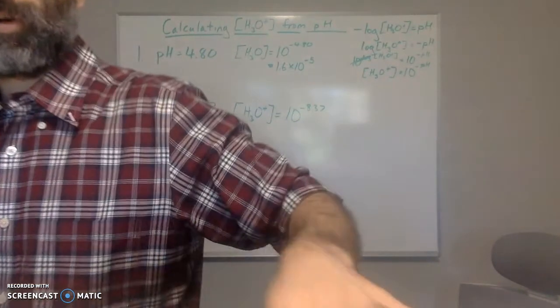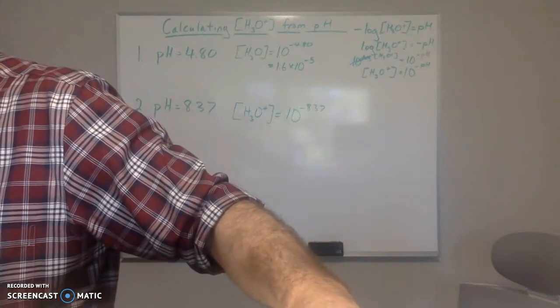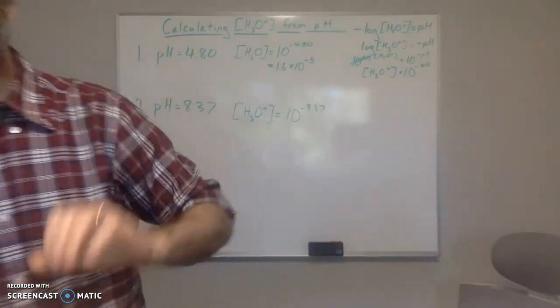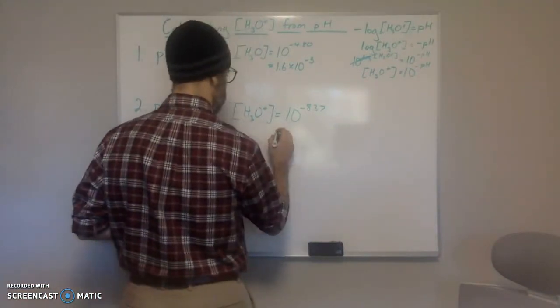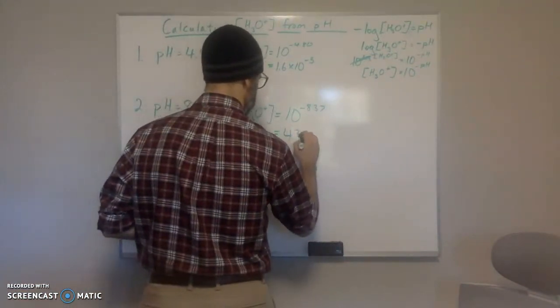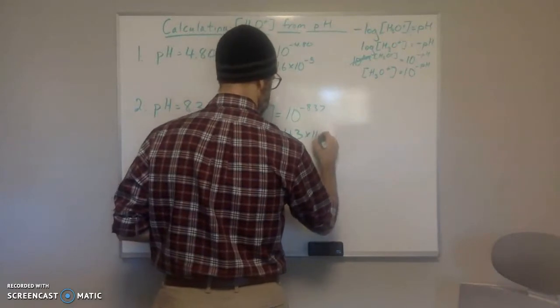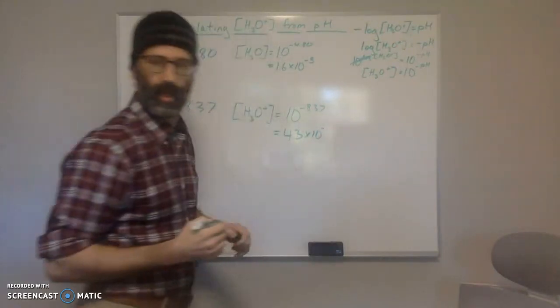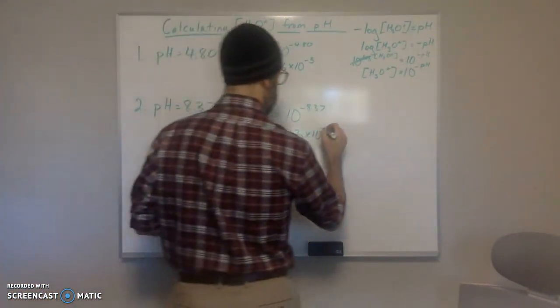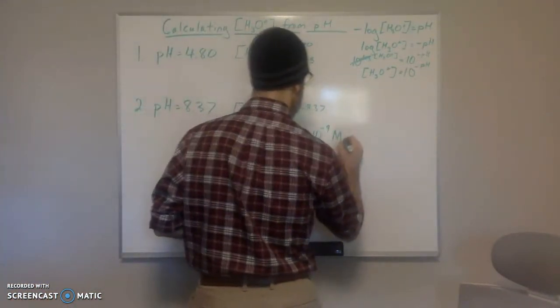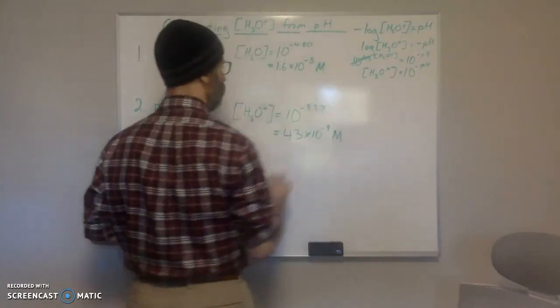So let's put that into our calculator. Okay, and this is 4.3 times 10 to the negative 9 molar. I forgot molar here.